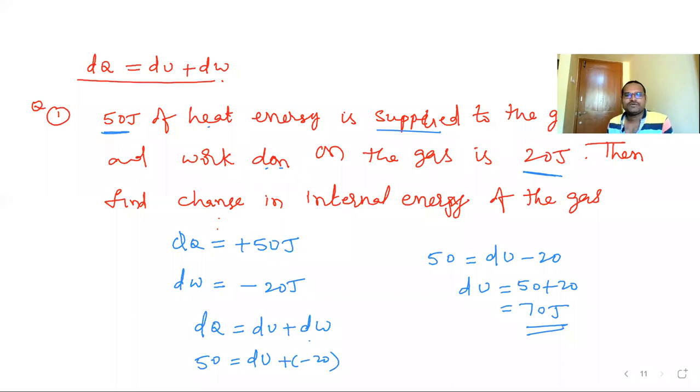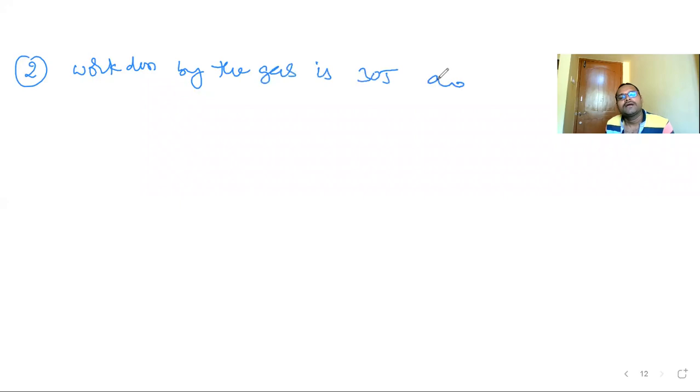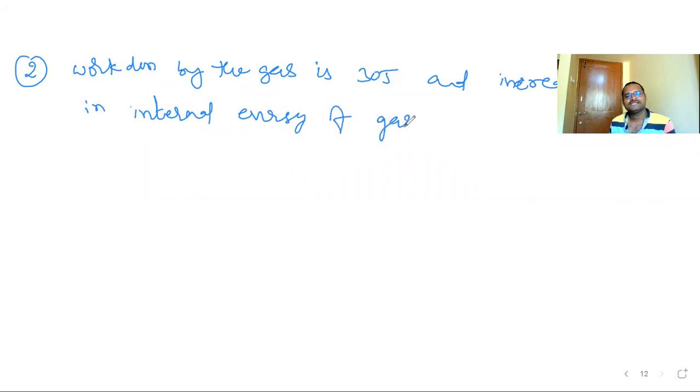Here, let us take one more question. One minute time is there. Question number 2. Work done by the gas is 30 joules and the increase in internal energy of the gas is 20 joules.